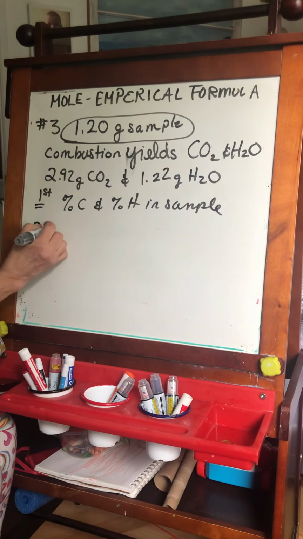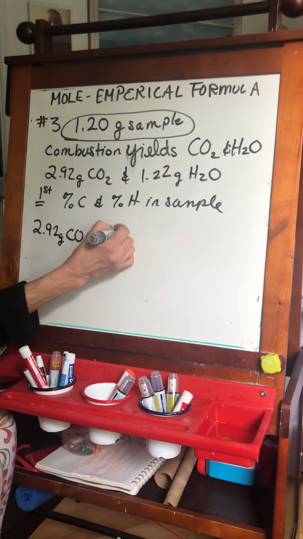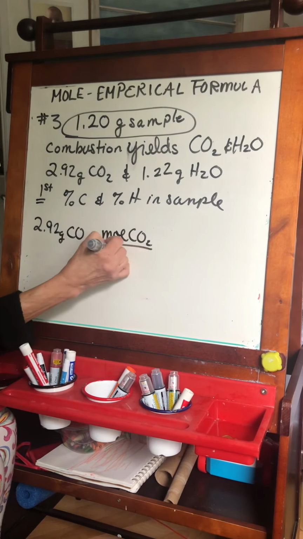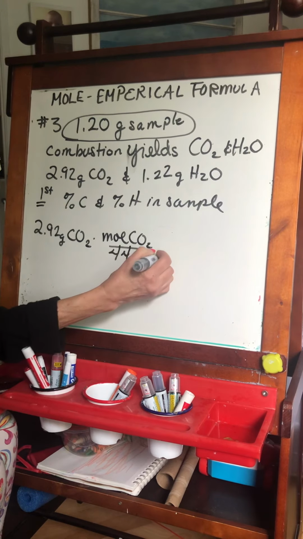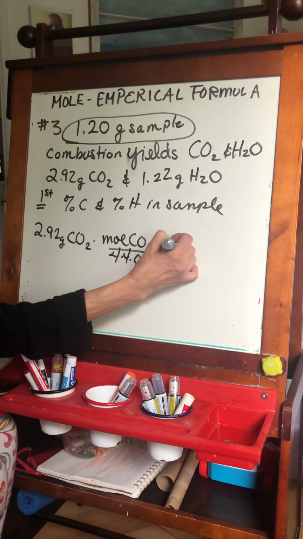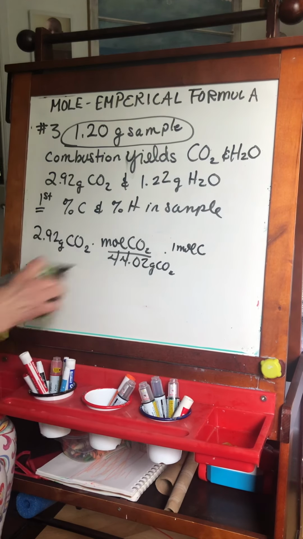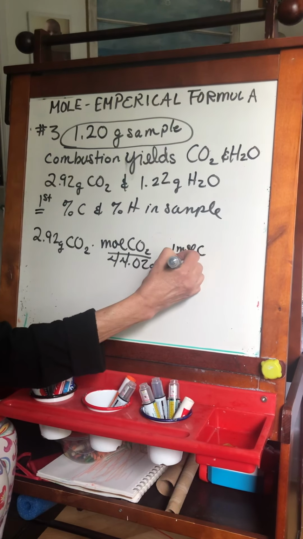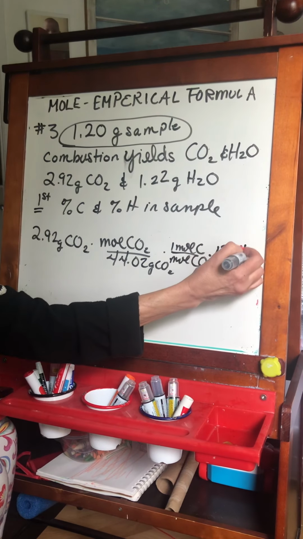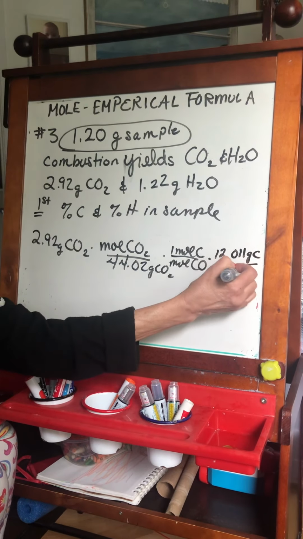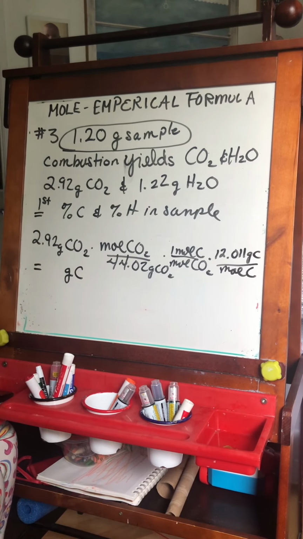So 2.92 grams CO2 times a mole of CO2 over approximately 44.02 grams CO2 times 1 mole carbon to 1 mole CO2 times 12.011 grams carbon to 1 mole carbon. That's going to give us our mass carbon.